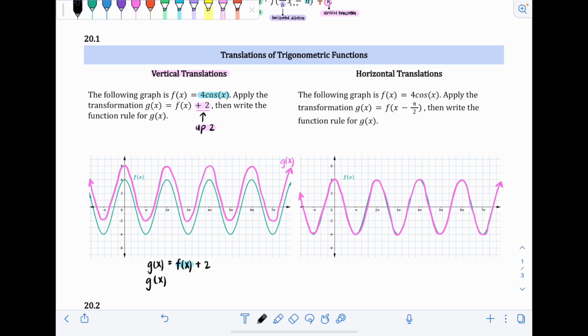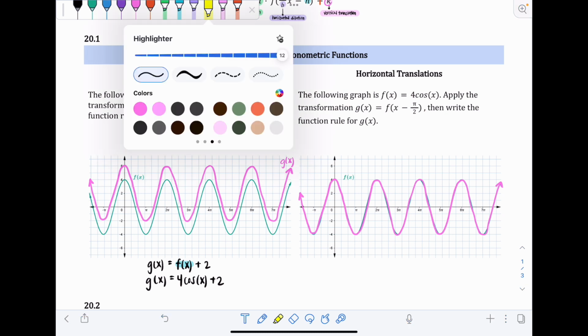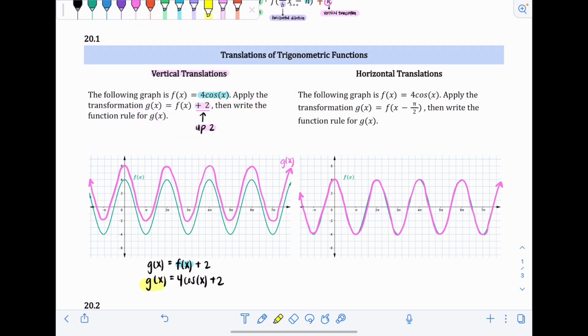So it'll be g of x equals, instead of f of x, I'll put the 4 cosine of x in there. Could put the x in or out of parentheses, it doesn't matter, and then plus 2 at the end, and there's no simplifying we can really do here. So it'll just be g of x equals 4 cosine of x plus 2.